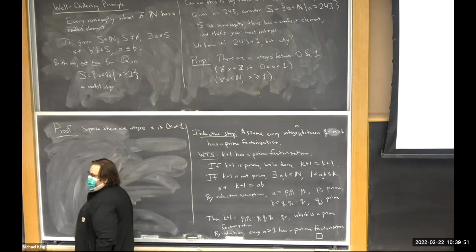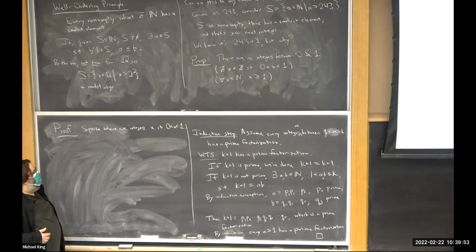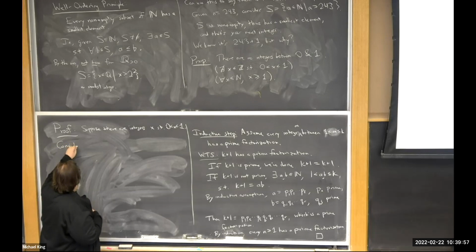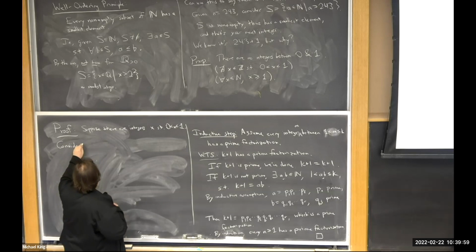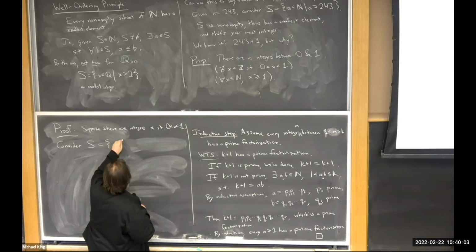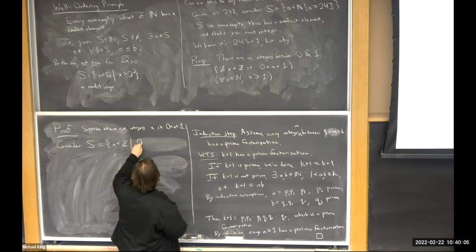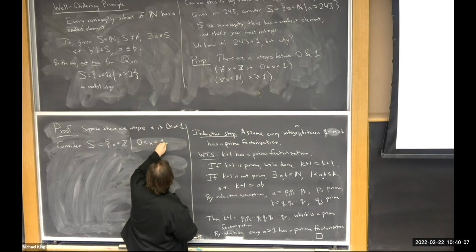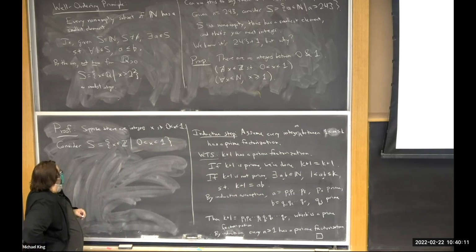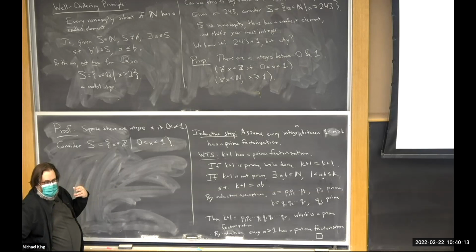Let's consider the set of all of them. Consider S to be the set of x in Z such that 0 is less than x is less than 1. By our assumption, S is not empty, and we want to get a contradiction.